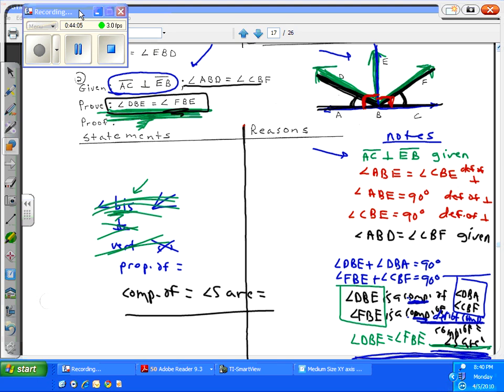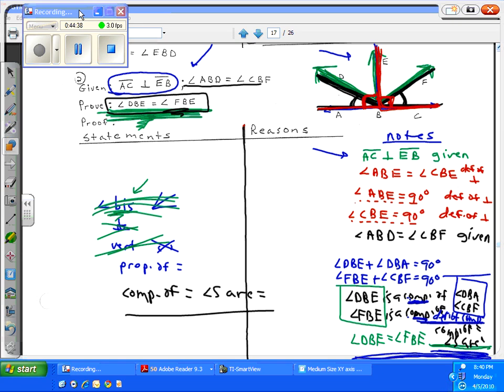Well, we can look in the picture and see that they add up to 90, but that's not like the definition of a straight angle, which connects to a linear pair. We're going to have to do that substitution thing that I showed you a while ago, because we can't just say linear pair thing or straight angle thing. We know that this whole big angle ABE is 90 by the definition of perpendicular.